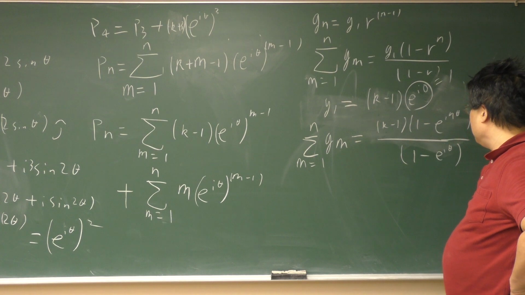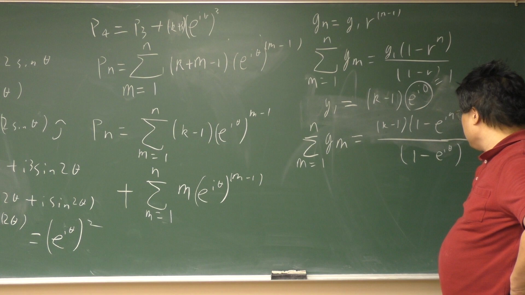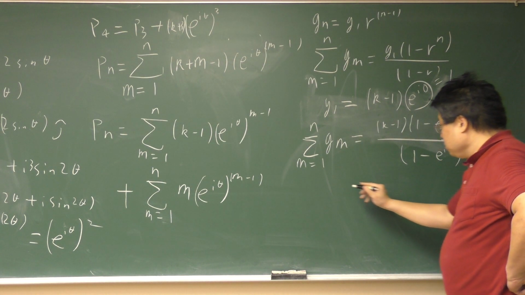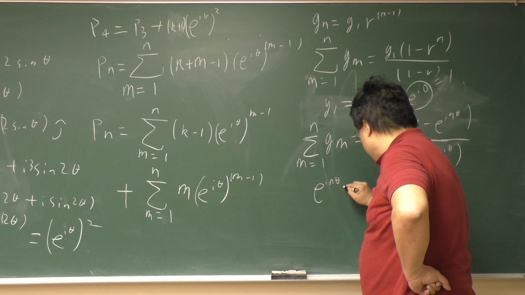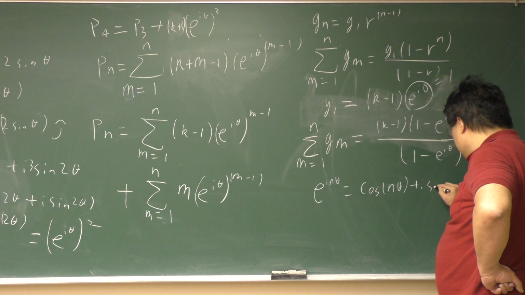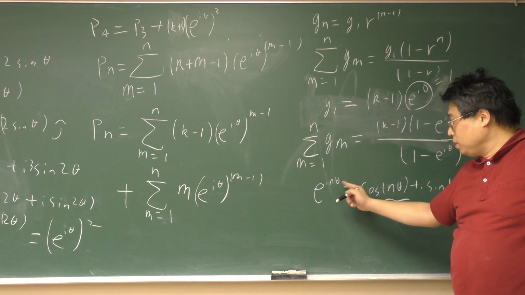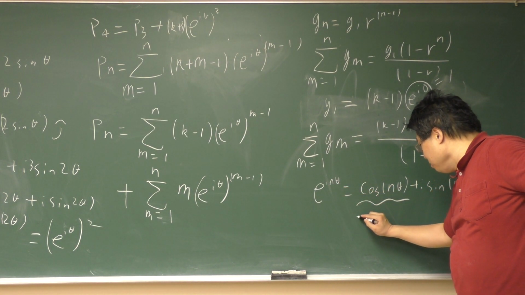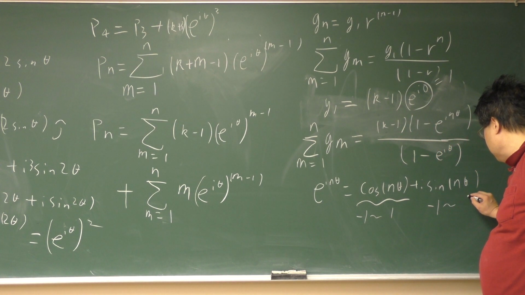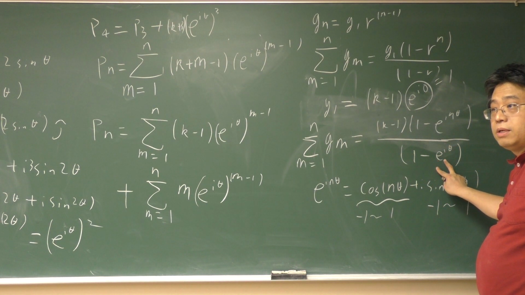If k is not equal to 1, all you have to do is calculate this and add it to whatever you get. Now this e to the i n theta, no matter what you do, is just cosine of n theta plus i sine of n theta. So this is just a number if they give you theta in the end. A number between minus 1 and 1, and that also is just a number between minus 1 and 1. A single number. e to the i theta is also a single number.